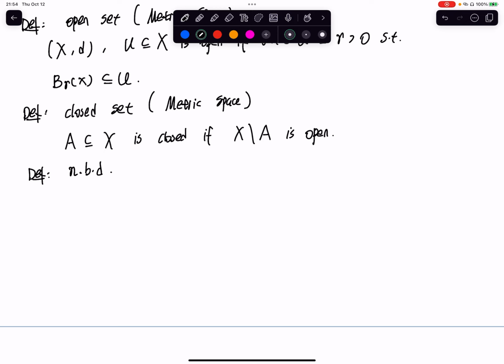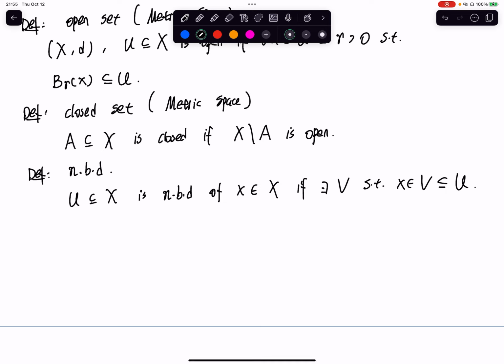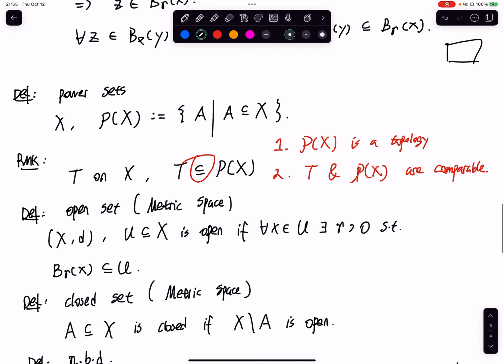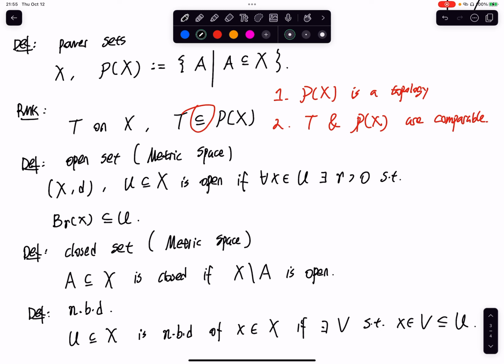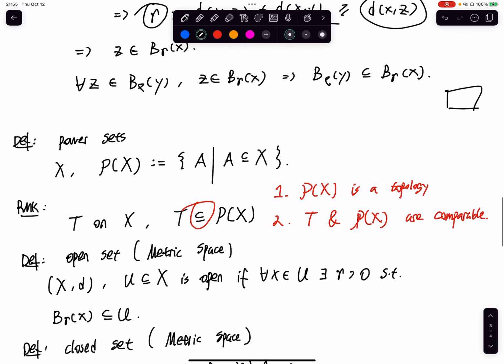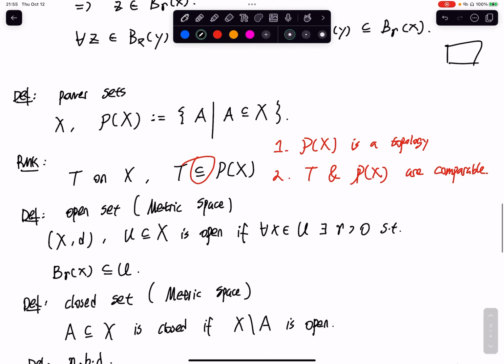A subset U in X is called a neighborhood of x in X if there is an open set V such that x lives in V, which is contained in U. And recall what we left off: the power set is a topology.